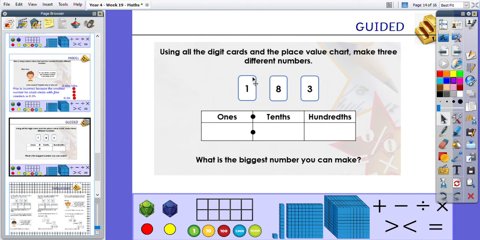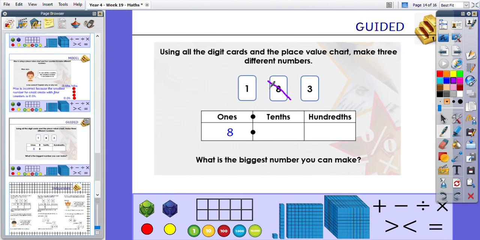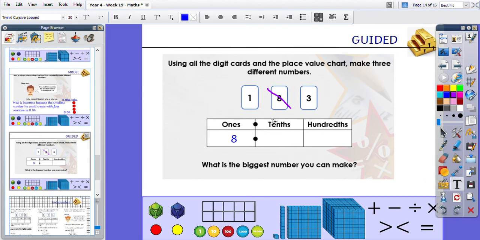So, what is the biggest number you can make? If you have a look at our digit cards, we want our biggest digit to go into our ones column, the column which has the biggest value, okay? So our biggest digit is 8. So if we popped our 8 into our ones column and we cross it off because we've used that one, okay, what's our next biggest digit?